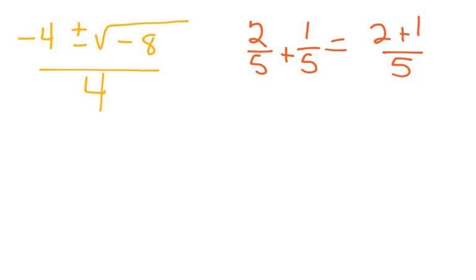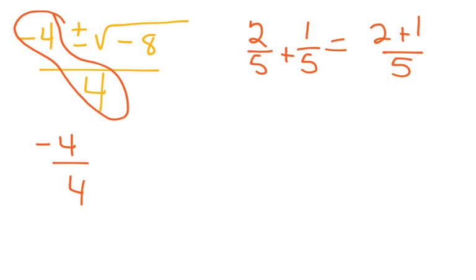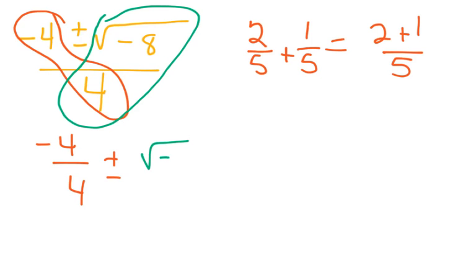So I have here's one fraction, negative 4 over 4, plus or minus, and then the other one, square root of negative 8 over 4. Okay, so this obviously simplifies to negative 1, plus or minus, and now we have the square root of negative 8.